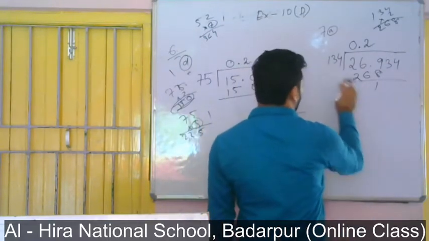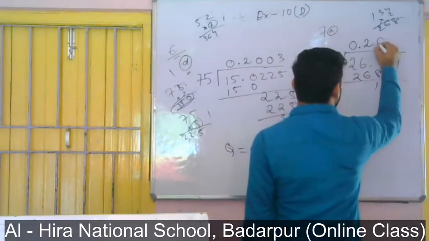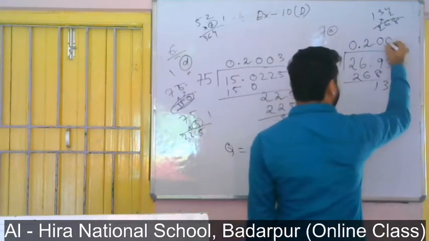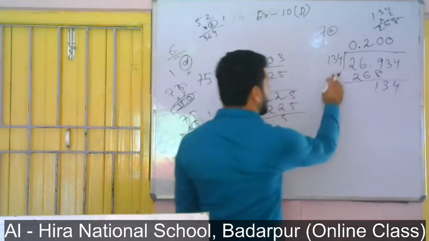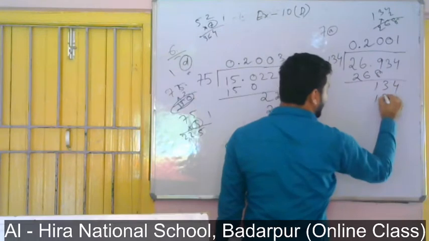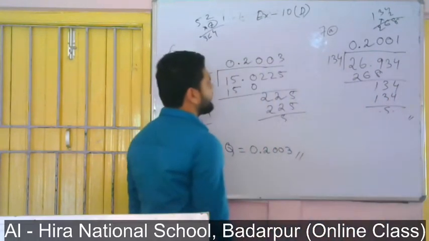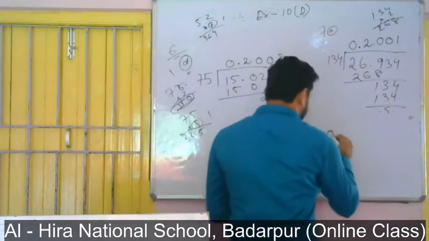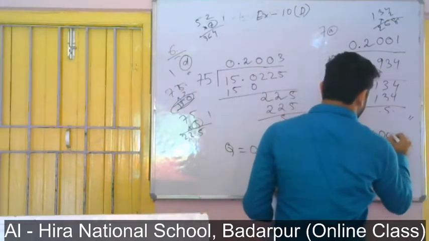Now 1 is not divisible, so we will take 3 and we will put 1 0. Again you see 13 is also not divisible, so we will put another 0 and we will take 4. Then 134 1s are 134. So you can write question equals 0.2001.